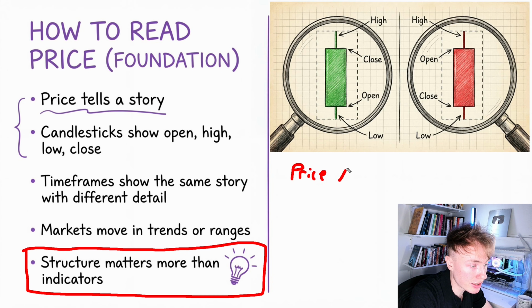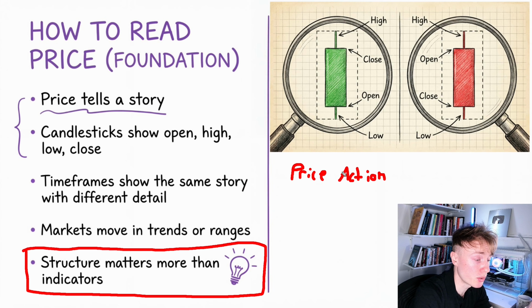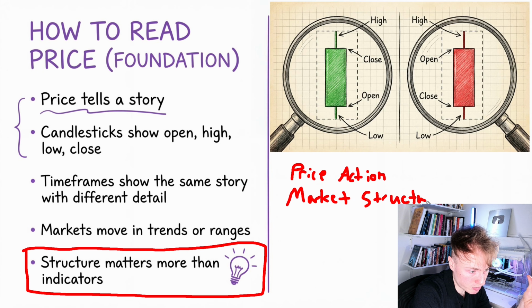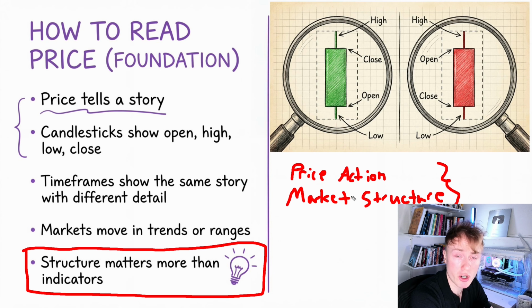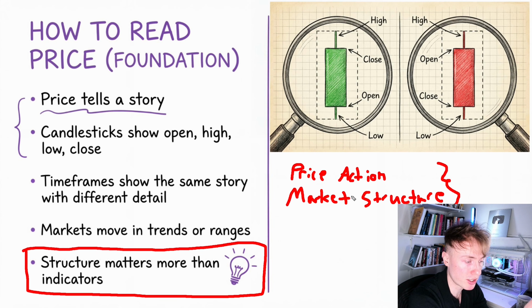Price action is basically the study of how the price moves in the very short term. So what is the price doing right now? And you also need to learn about something called market structure. These two concepts are so much more important than learning about indicators. Before you even learn about your first indicator, you need to learn about price action and market structure. And we will talk a little bit about both price action and market structure in this course.